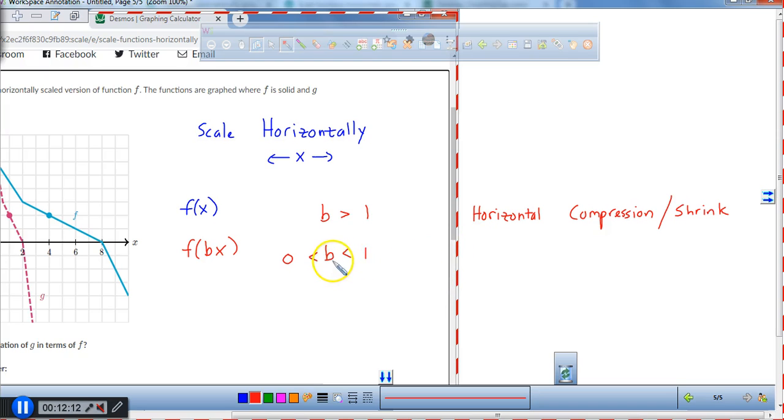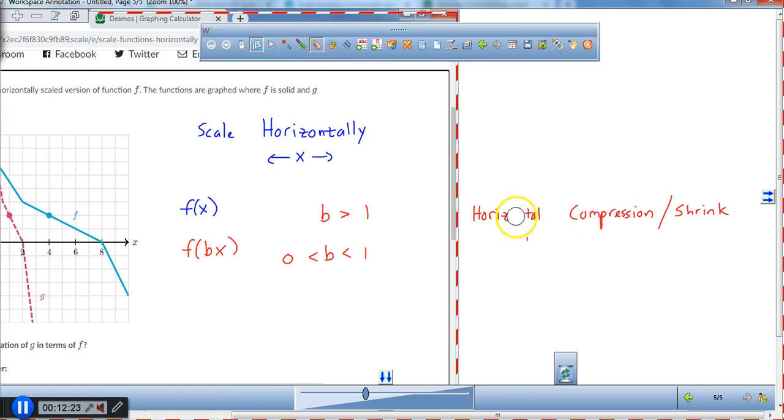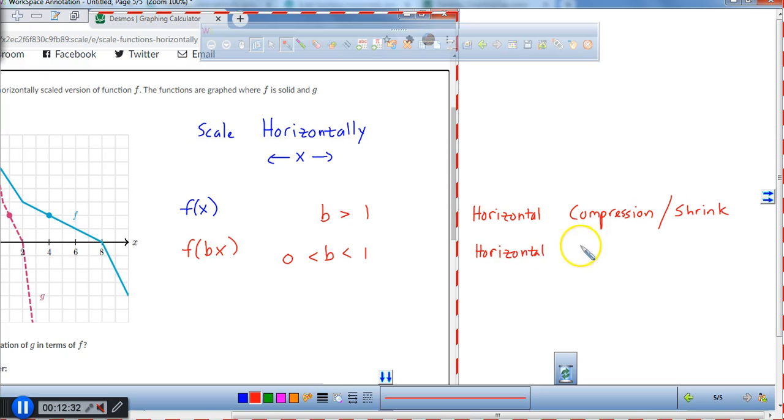Whereas if b is less than 1 but greater than 0, those are actually going to stretch. Oh, horizontal stretch, my apologies. Call it a horizontal stretch or expansion.